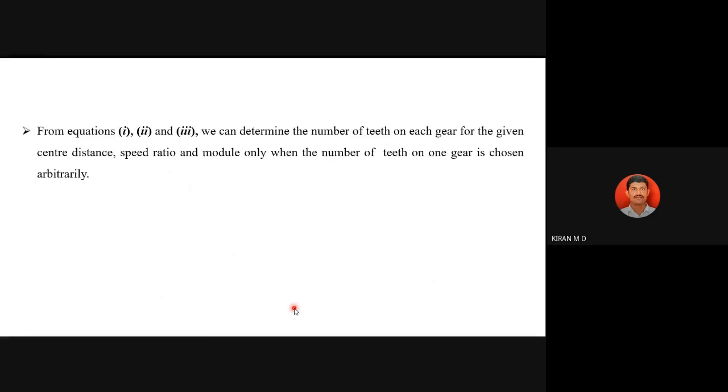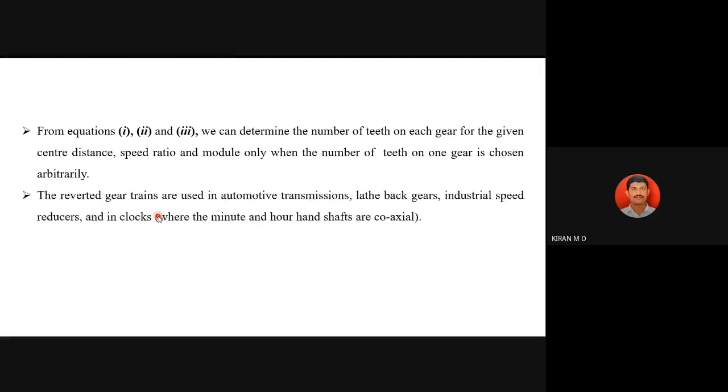From equations 1, 2, 3, we can determine the number of teeth on each gear for given center distance, speed ratio, and module, only when the number of teeth on one gear is chosen arbitrarily. If you have chosen the number of teeth on one gear, by using this concept we can find the number of teeth on the remaining gears. When you solve problems, you will get the idea.